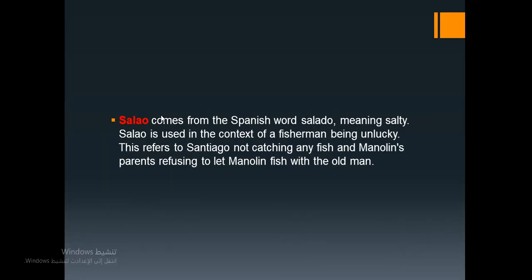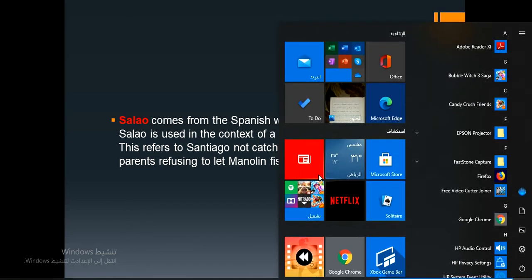Salao comes from the Spanish word salado, meaning salty. Salao is used in the context of a fisherman being unlucky. This refers to Santiago not catching a fish and Manolin's parents refusing to let him fish with the old man.